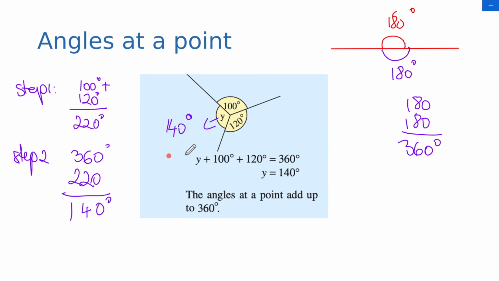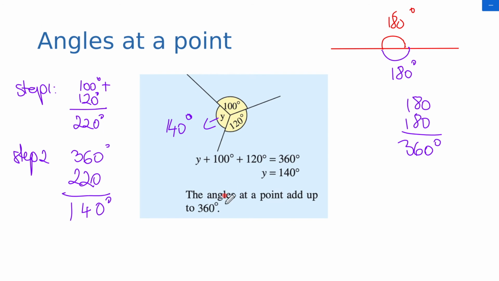in order to have them all adding up to 360 degrees. And just a quick thing, if you ever have this in a test, you have a little bit of spare time, or even when you do this on your own, you can check your work by taking these 3 angles and adding them up together. So you can do 140, 100 plus 120.